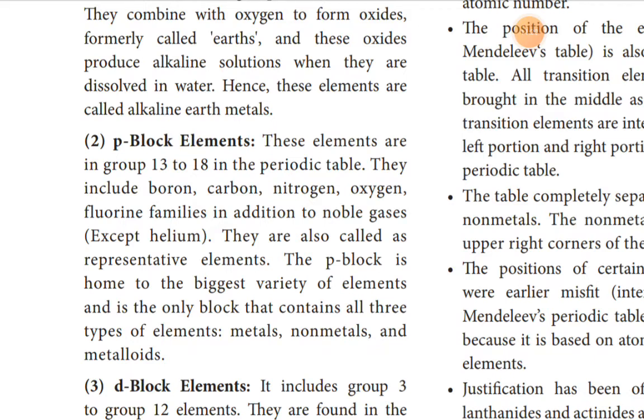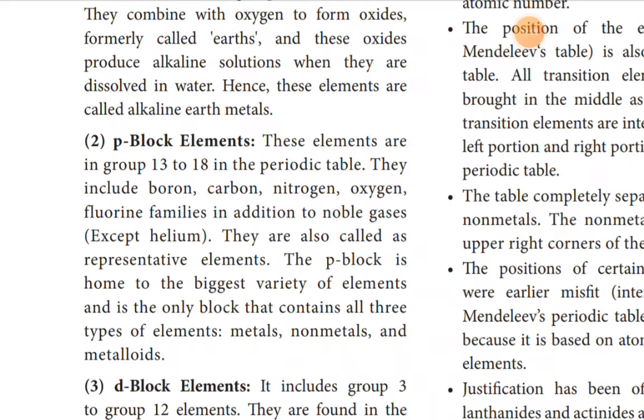Carbon, nitrogen, phosphorus, sulfur are non-metals. Silicon, germanium, arsenic, antimony, tellurium are all semi-metals. Also rare gases. So all the variety of elements: metals, non-metals, metalloids, gases are in the P block.